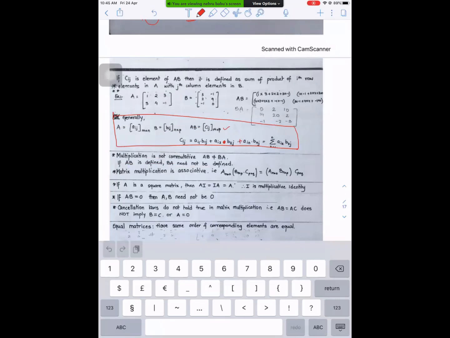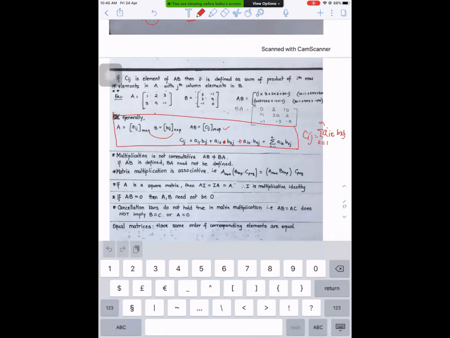So Cij equals sigma k equal to 1 to n of Aik into Bkj. So how many common parts are there?